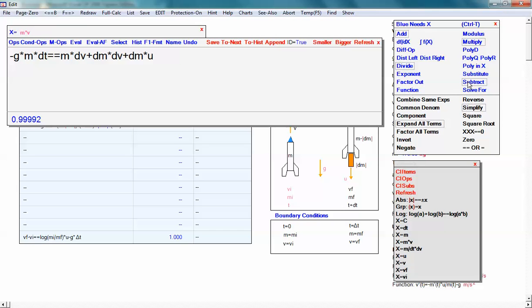Now, notice this piece here, dm dv. I'm going to handle that a little differently this time. Remember, we have a double differential. We saw in the previous video that when we go to the derivatives, or we let dt go to 0, that's going to disappear. So in this case, I'm going to just get rid of it up front so we don't have to deal with it.